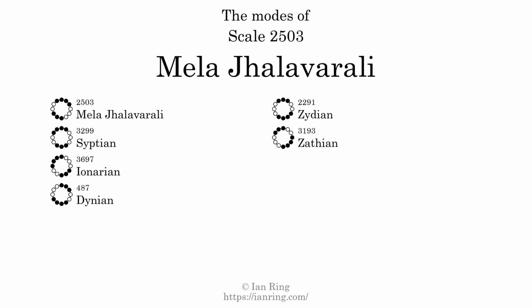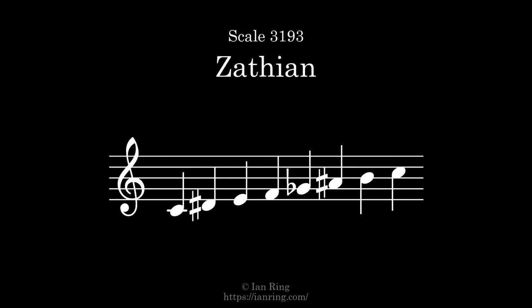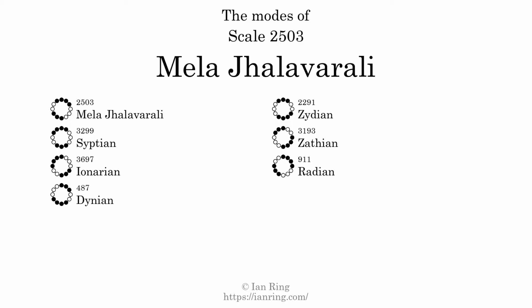The sixth mode is scale 3193, also known as Zathian. It sounds like this. The seventh and last mode is scale 911, also known as Radian. It sounds like this.